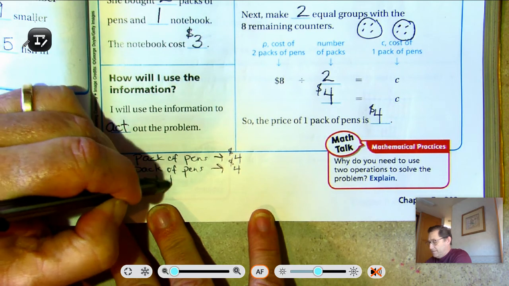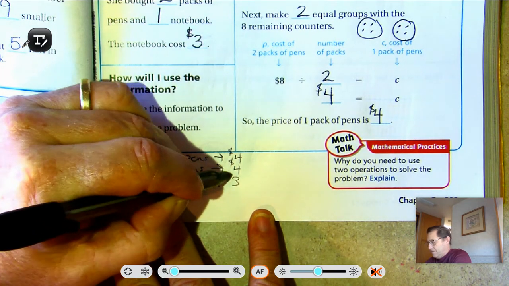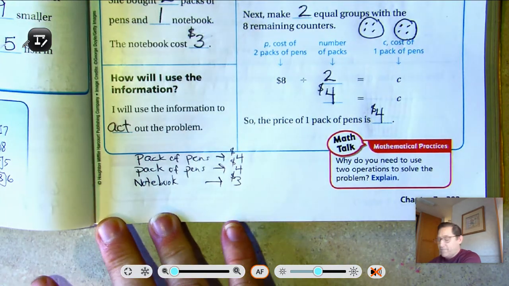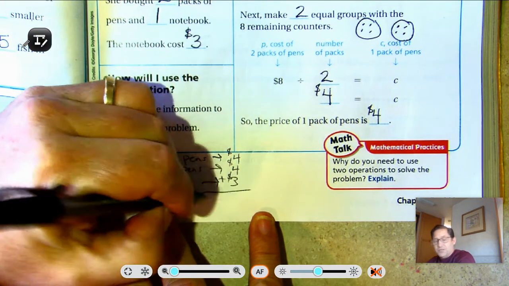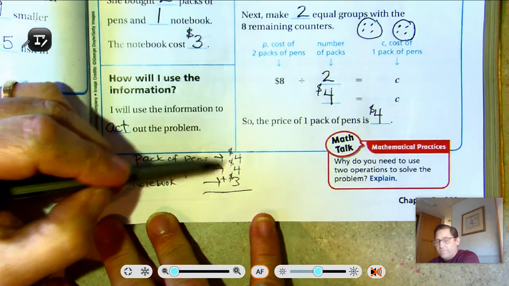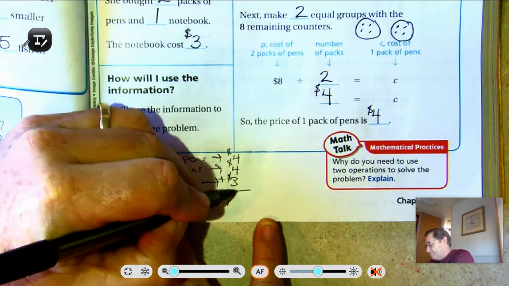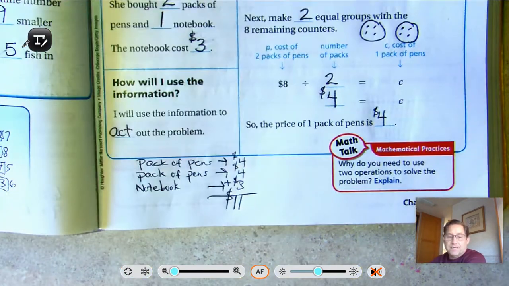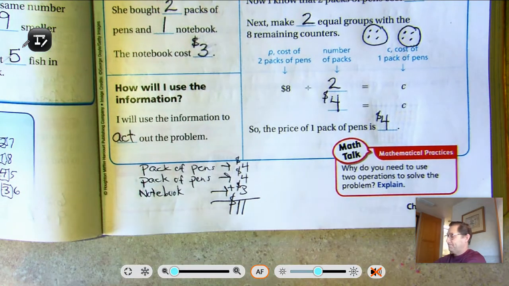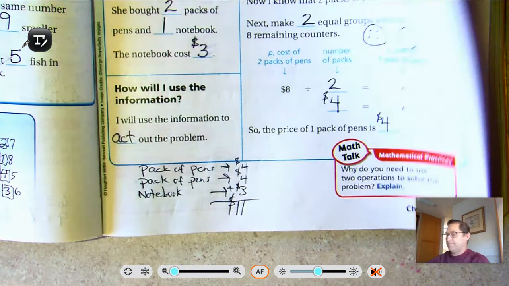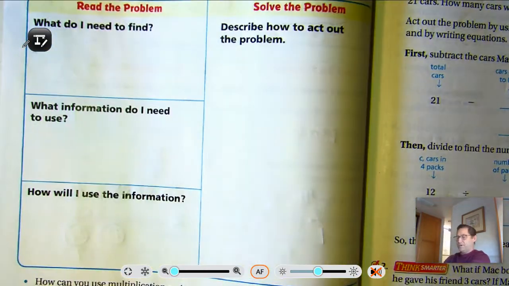Notebook, $3. So if I add those up, I should get $11. 4 and 4 is 8. 9, 10, 11. So yes, it does work out. Okay. All right. So next, page 304.